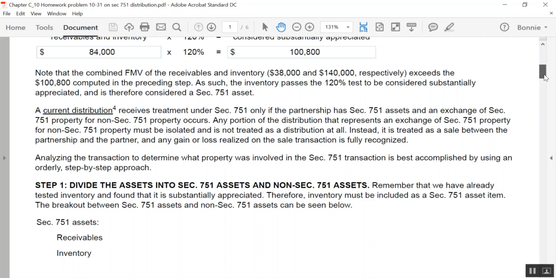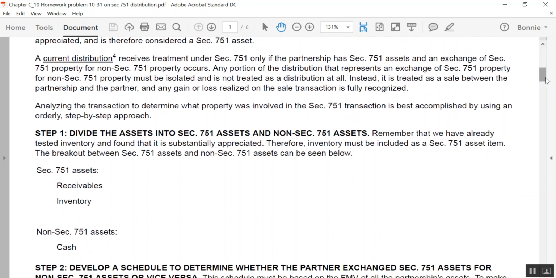So we're going to be going through the process of coming to a point where we can determine whether we have a distribution, which you'll treat as a normal distribution as you've learned in the rest of the chapter up to this point, or do we have a 751 distribution, which is treated as a deemed sale.